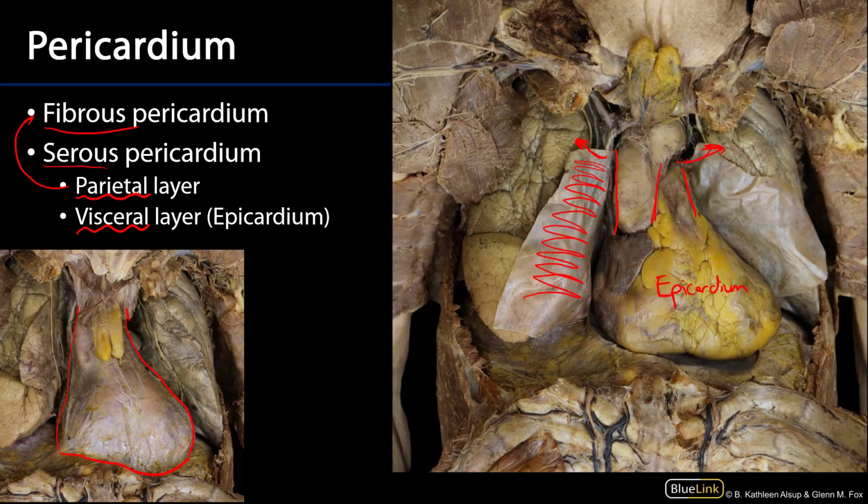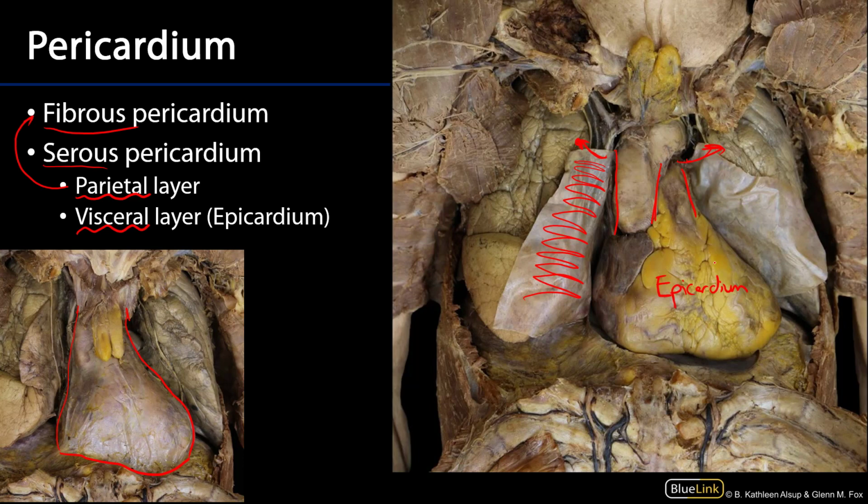Deep to the epicardium is going to be the epicardial, sometimes called subepicardial, adipose, or fat. It tends to be directly proportional to cardiometabolic risk factors.